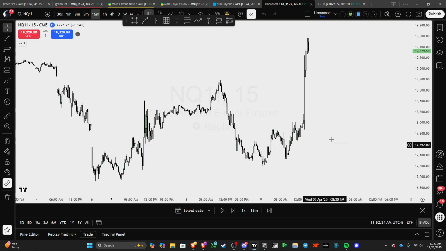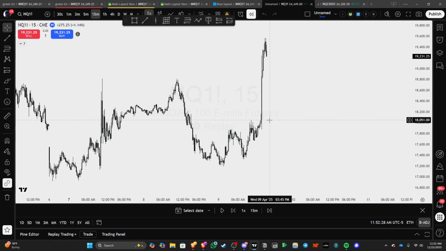Right here. So let's say you were in, God forbid, some shorts here. This was around the time that Trump was doing the tariff war. And essentially what happened at 1:15, Trump announced the 90-day pause on tariffs and said it was a great time to buy the stock market, right? And from the lows, NASDAQ ripped like 2,000 points, as you can see here.